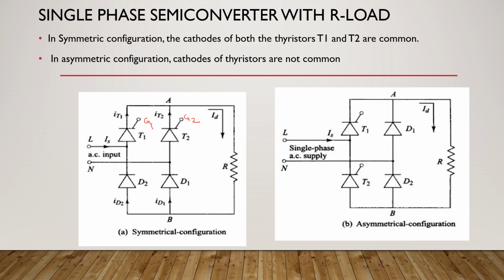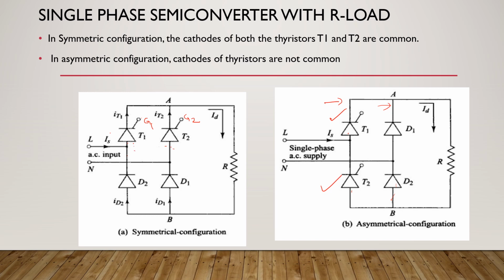The second configuration is called the asymmetric configuration. So you can see the difference here that the two thyristors are on the same leg of one arm of the bridge. So this is a bridge, this is the first arm and this is the second arm. In the asymmetric configuration, both the thyristors are on one arm and both the diodes are on the second arm. Whereas in the symmetrical configuration, both the thyristors are on separate arms of the bridge.